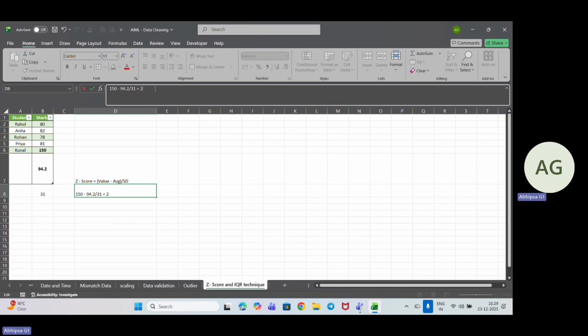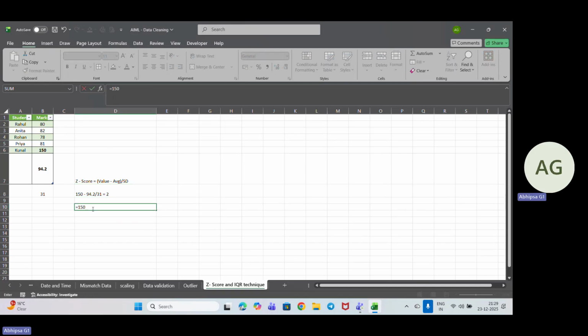If the Z score was 3 or more, that is definitely an outlier. So this is close to 2, so we can say it is an outlier kind of.